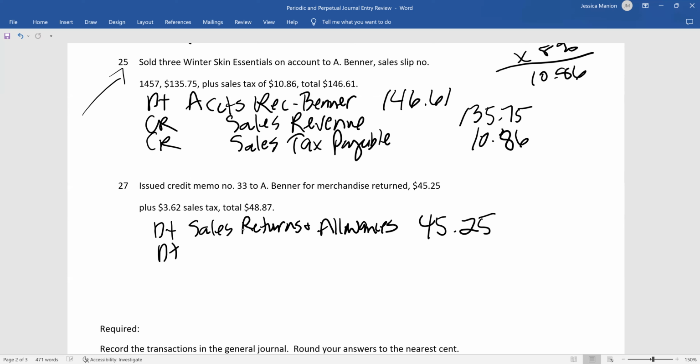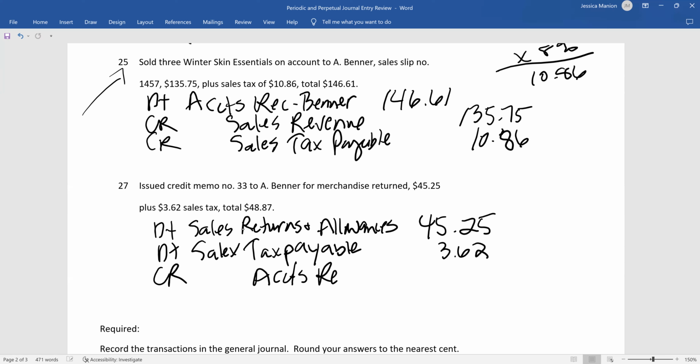We need to debit sales tax payable for the associated sales tax, $3.62. Credit accounts receivable. That credit to accounts receivable for Benner is going to reduce what they owe us by $48.87. That is what that one would look like.